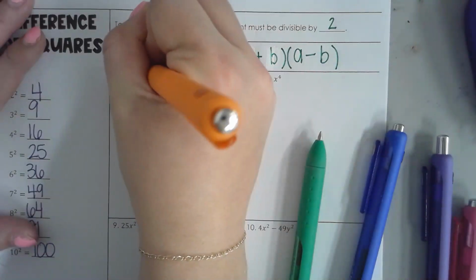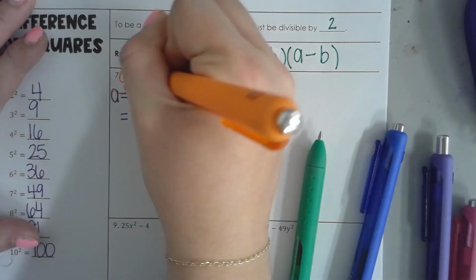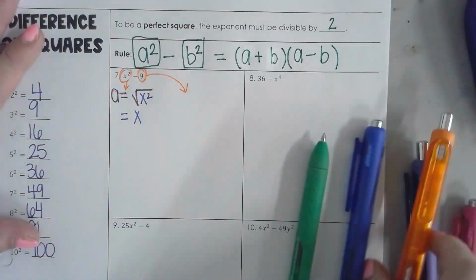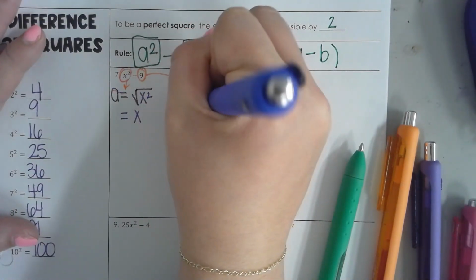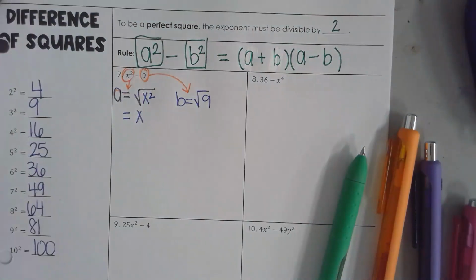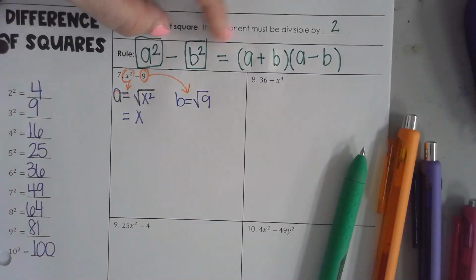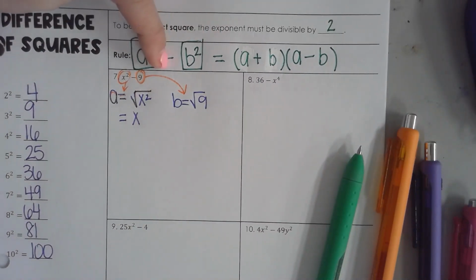B is the square root of 9. You kind of ignore the minus. See how what I've got boxed in, I don't have the minus boxed in. So I'm ignoring that for right now. The only reason that's important is I can only do this formula if it's a minus.